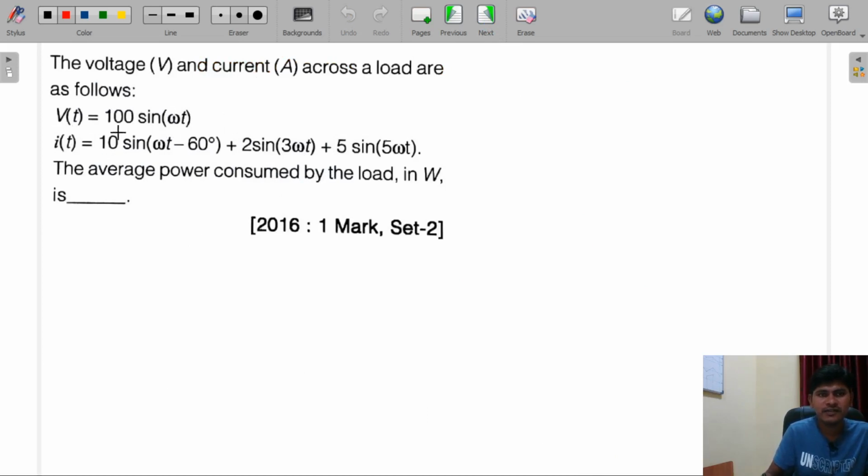Voltage is given, current is given, and these two have the same frequency. We don't have a voltage of the same frequency as 3 omega t, so these two can be multiplied.